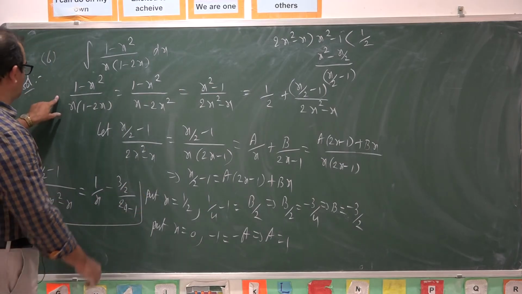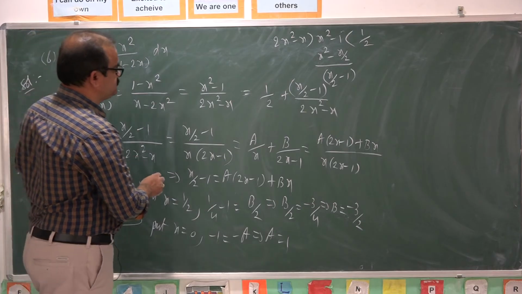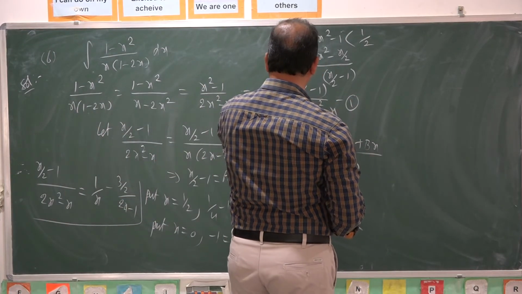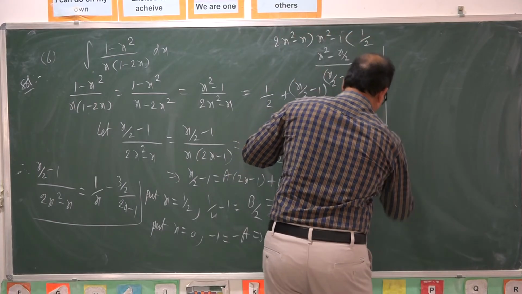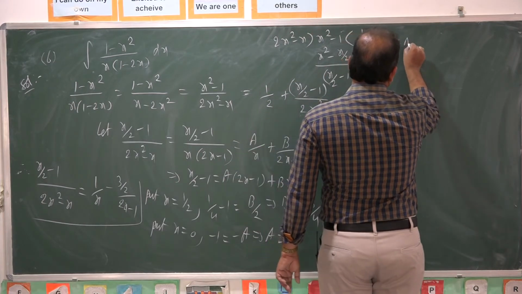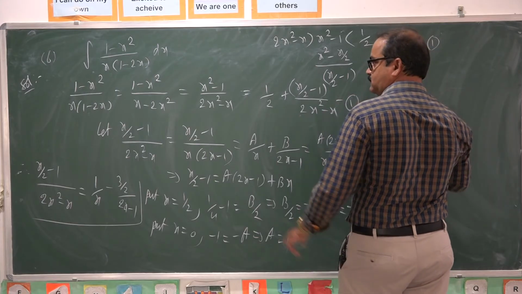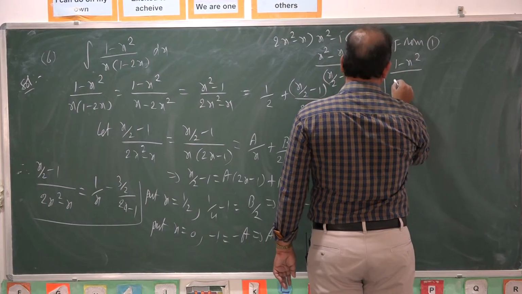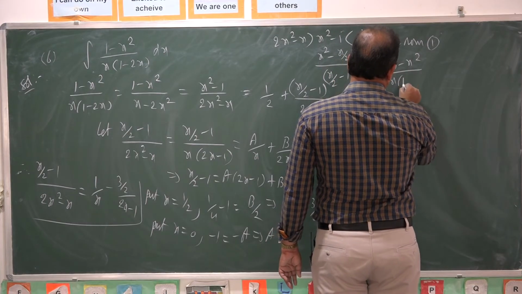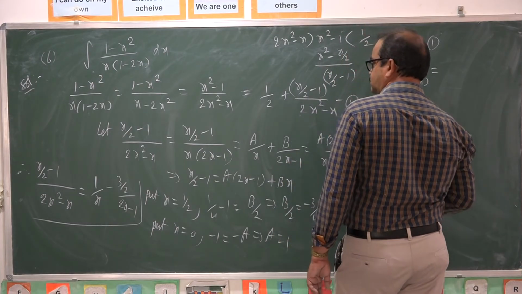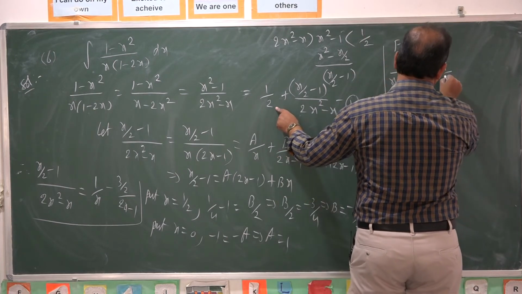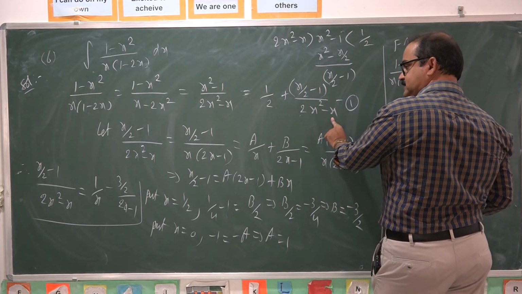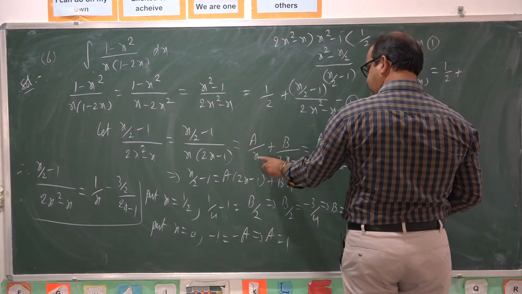Now let it be equation 1. Substitute this value in equation 1. Therefore, from equation 1, the given problem (1 minus x square) by x into (1 minus 2x) is equal to 1 by 2 plus this value, x by 2 minus 1 by 2x square minus x, which is equal to a by x.